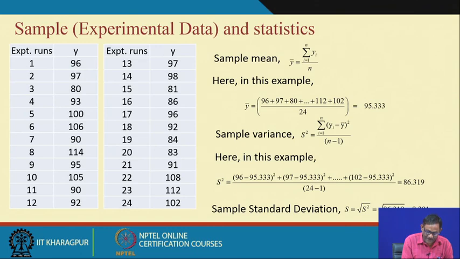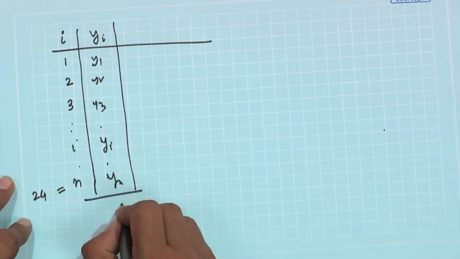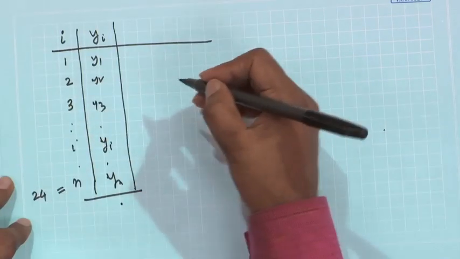I starts from 1, 2, 3, and so on. Suppose there are n observations in this experiment, n equal to 24. Then you have y values, which are basically yi: y1, y2, y3, like this yi, then yn. This is your sample here.